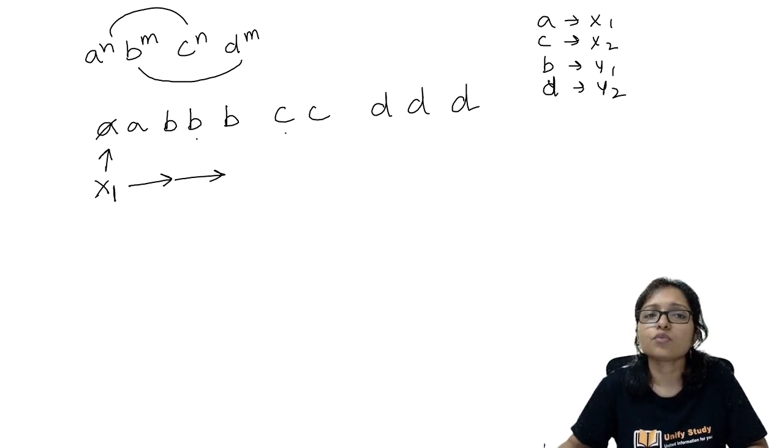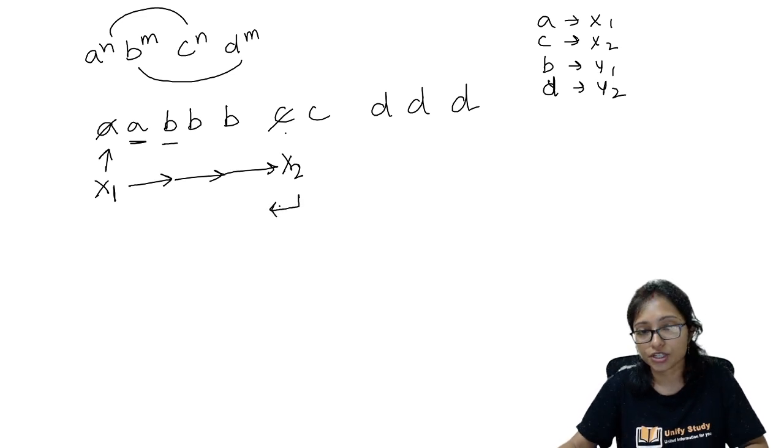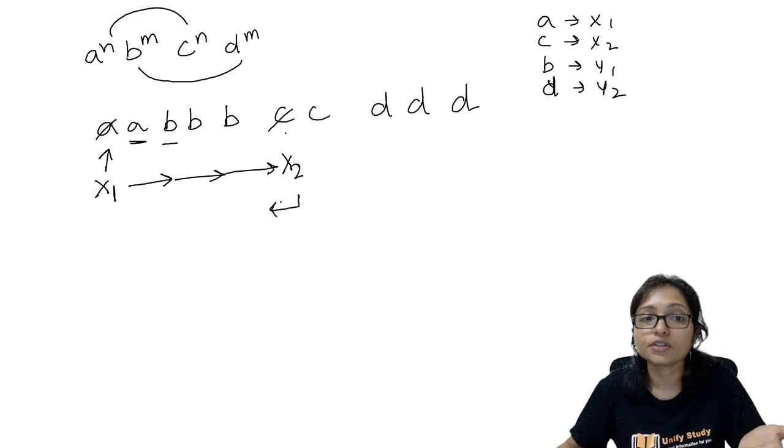Now after that I will start moving to the right direction because my target is to get the c. On the way I will get some a, so leave a as it is. I will get some b, leave b as it is. My target is to get the c. Whenever I get the c, this c will be replaced with x2 and then it will start moving again in the left direction, because again I will search whether there is any other a.